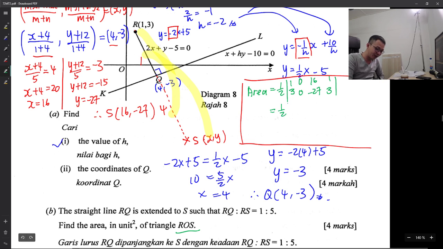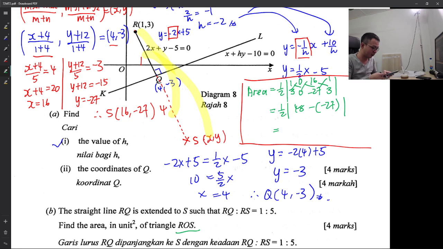The area formula, I will multiply like this. 0, 0, 48. Minus negative 27, 0, 0. So I only have this. You should plus them, right? 48 plus 27 divided by 2. So the area should be 37.5. If you want to write the unit, I will write unit square. It's not too hard. I hope you can actually know how to do this.